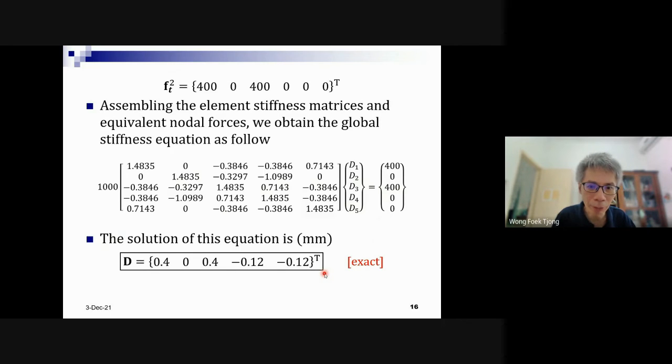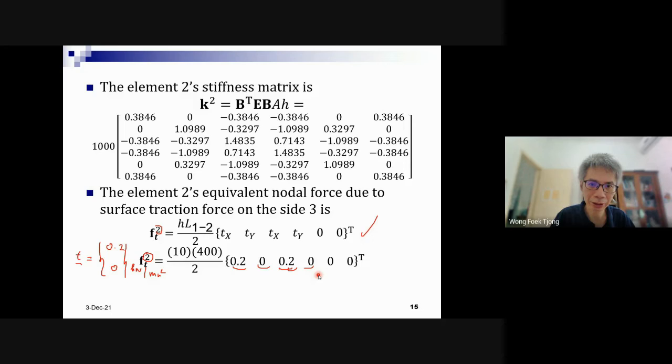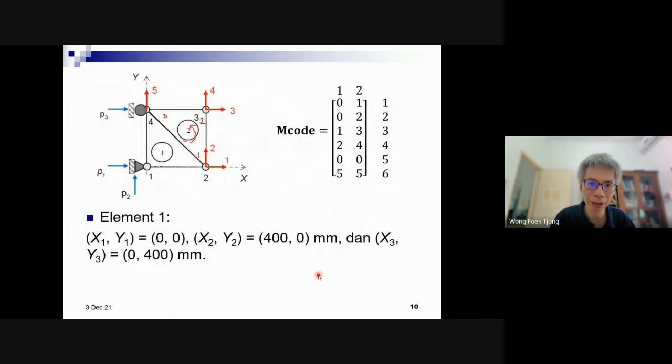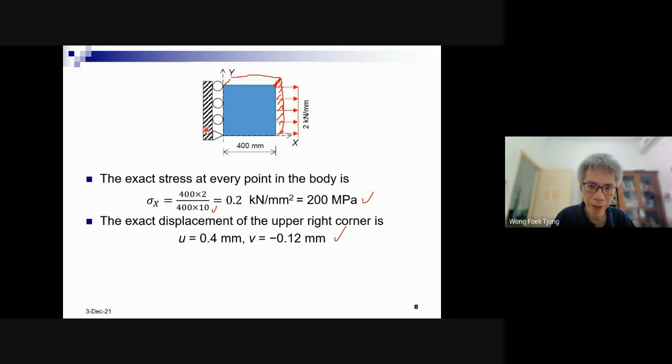Now we can compare the results with the exact. For example, we consider the displacement of this point, 3 and 4, the upper right corner here. According to the exact solution, that's 0.4 and minus 0.12, without using finite element.